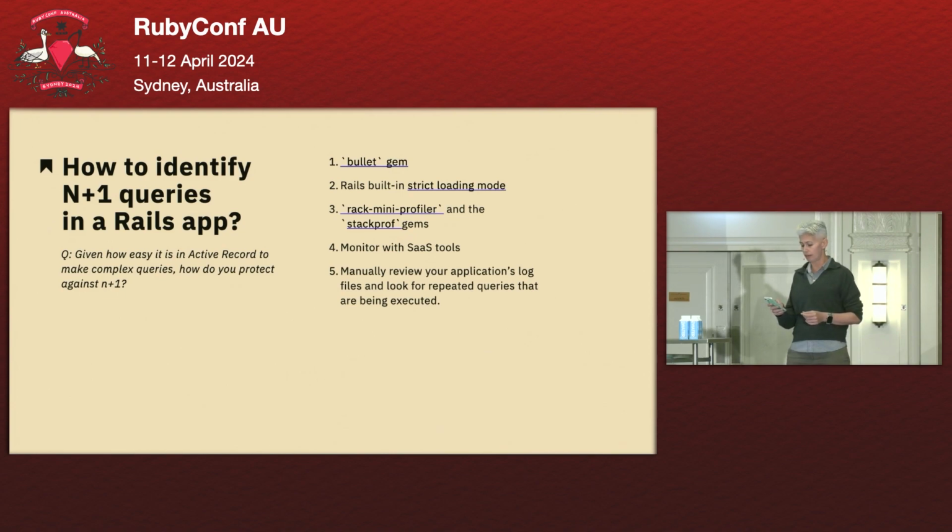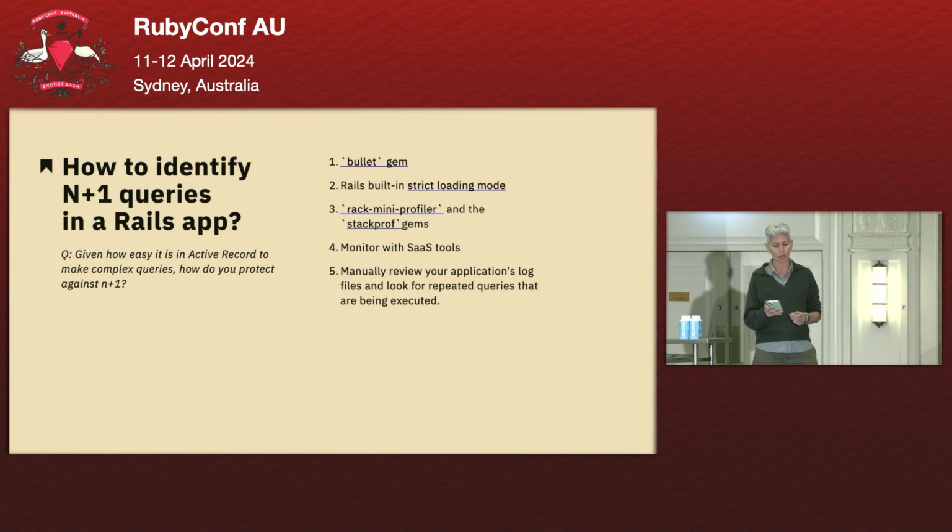You also have in Rails now a built-in strict loading mode. So if you check the Rails guides on Active Record queries and eager loading associations, that will allow you to automatically detect and alert you of N+1 queries in your Rails app. A couple of other options that you have: you can use Rack Mini Profiler with the StackProf gem to get flame charts and thus detect N+1 queries.